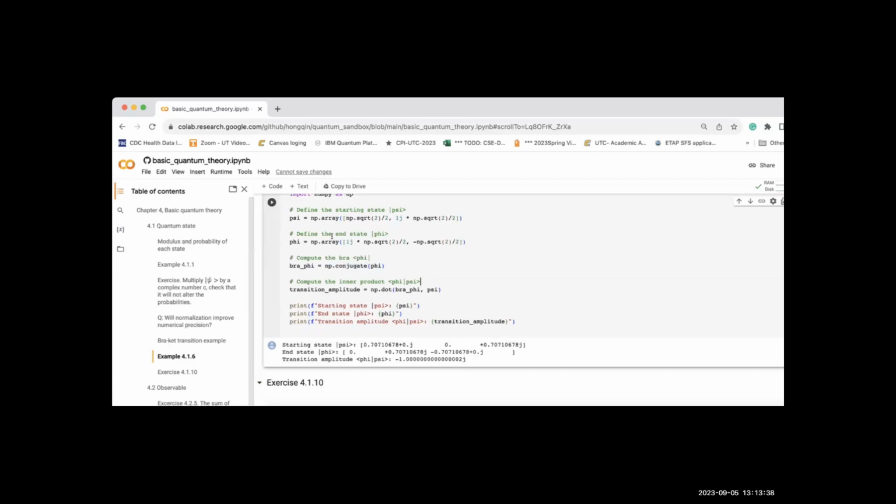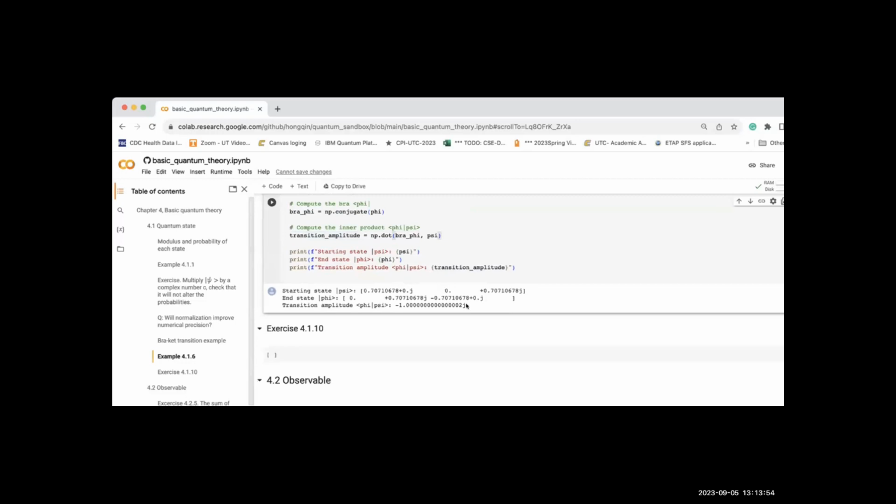Oh, did I say conjugate or transpose? No, it's just conjugate, sorry. Then we have the transition amplitude as the dot product of bra and psi. The result is minus i. In Python, it's minus 1j.